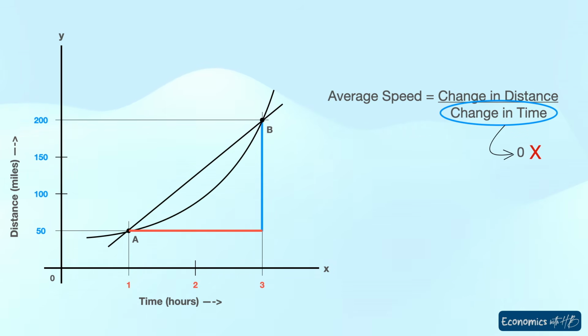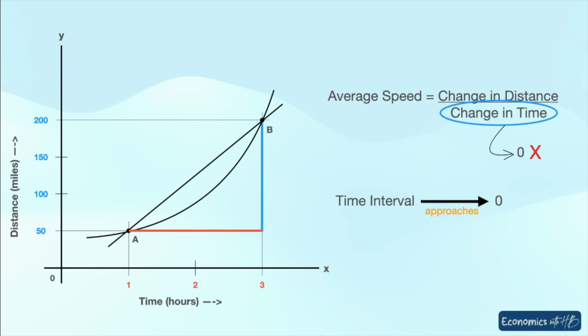You cannot have 0 in the denominator as a divisor. आप 0 से तो divide नहीं कर सकते ना, इसलिए we take the time interval as approaching 0 and not exactly 0. In differentiation, to get the instantaneous rate of change, we apply the limits as approaching 0 and not exactly 0. Let's see mathematically now.